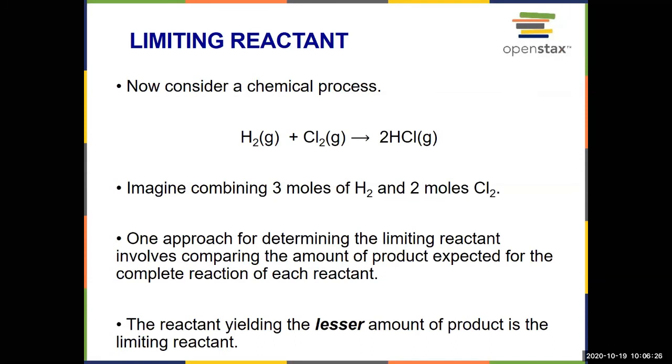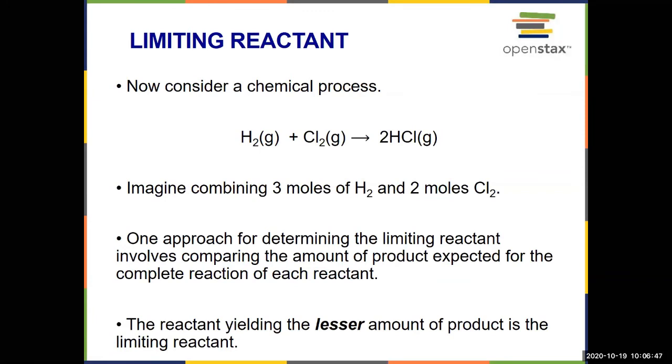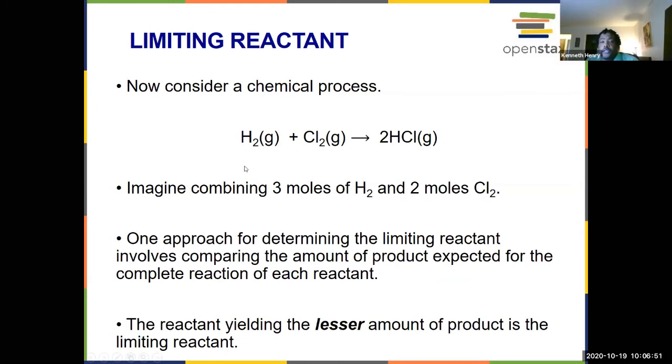Chlorine? Okay, so why is the chlorine limiting? Because there's less of it. And if we look at the molar ratio between hydrogen gas and chlorine gas, what is the ratio? 3 to 2? The ratio in the chemical equation.